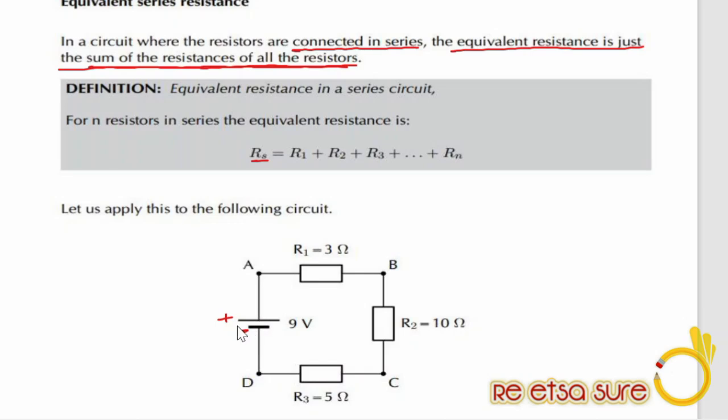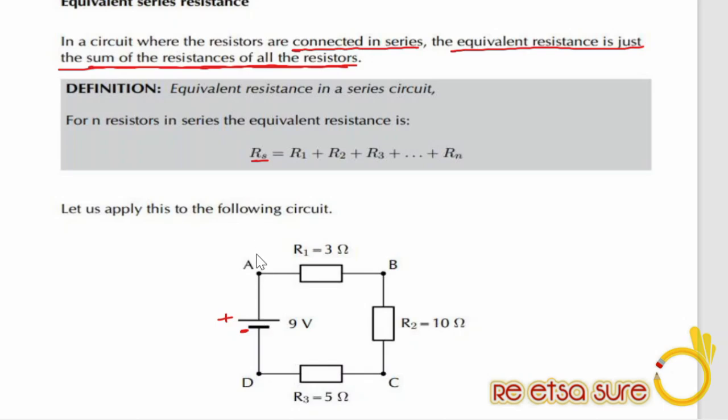Remember that the current is flowing throughout our circuit. Remember what I said earlier: the cell or our battery is producing the charges that will be flowing throughout our circuit. When we divide the flow of charge by time, that's where we get what we call a current.